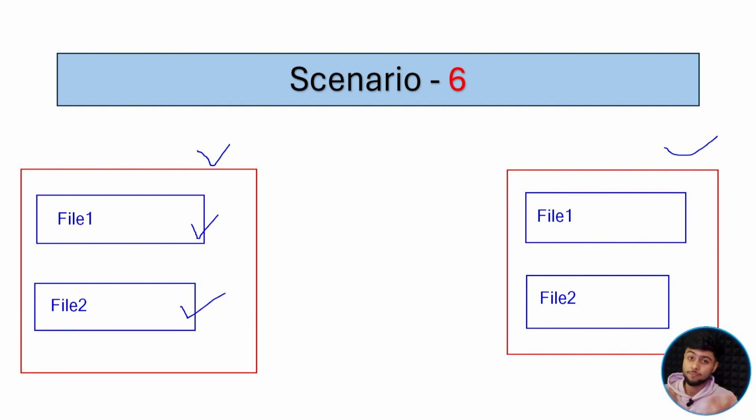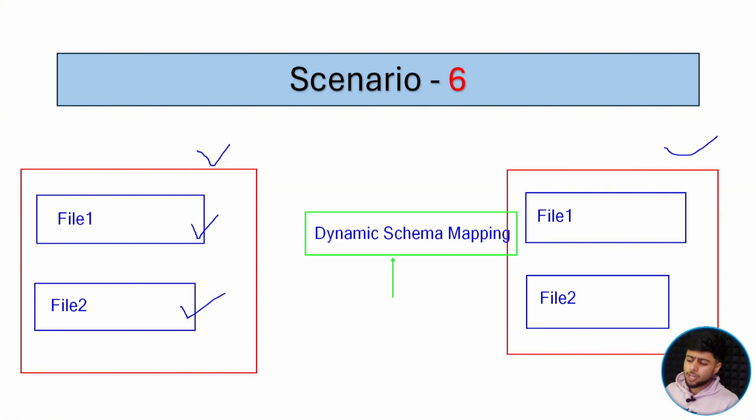So this is the thing, bro. Now we will be leveraging something called dynamic schema mapping. Whoa, what's that? This is not a new term, but this is something we are commonly using nowadays. We simply define the schema in the form of code for one file.